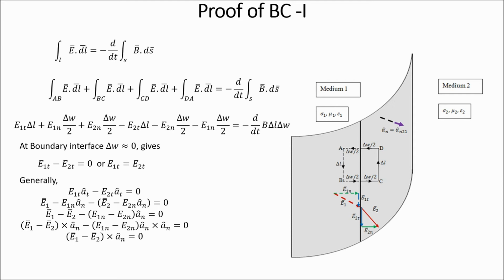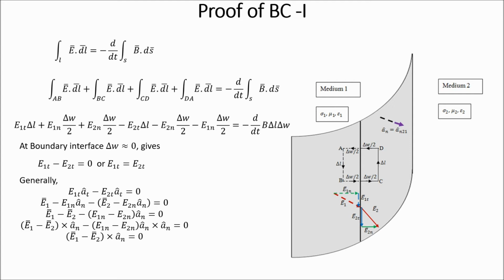that is equal to the closed path integral of E dot dl. So I am writing the components of this Maxwell's equation, and the right hand side has the time derivative of B dot ds. Now I replace dl. For AB the length is delta L, and for BC, half of it is delta W over 2.